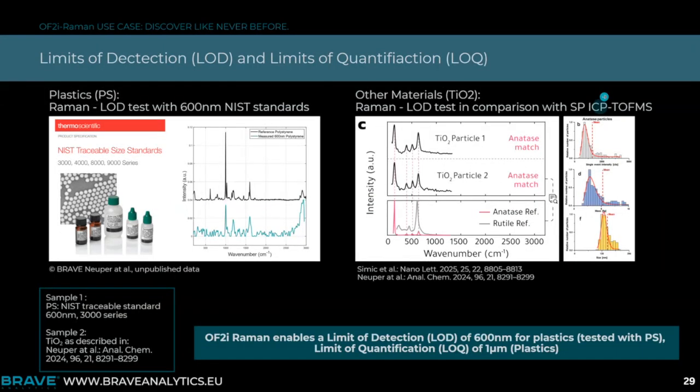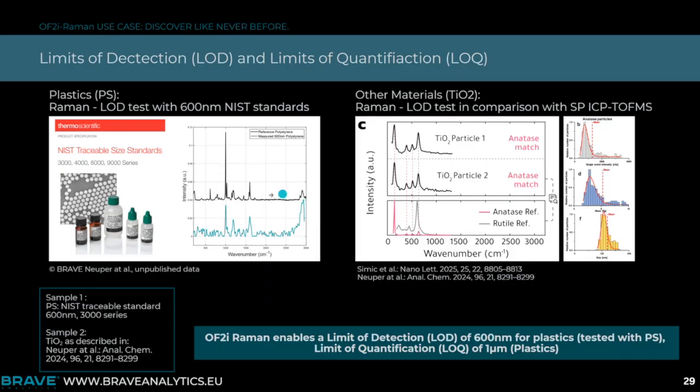The next thing we thought is, how far can we go down with our system? Again, we looked into standards, for example from Thermo Fisher Scientific, which we knew was already available for sample characterization, and we put different sizes in there. One of our physicists said that at 600 nanometers, it's still able to clearly identify, for example, a polystyrene standard and compare it to literature.